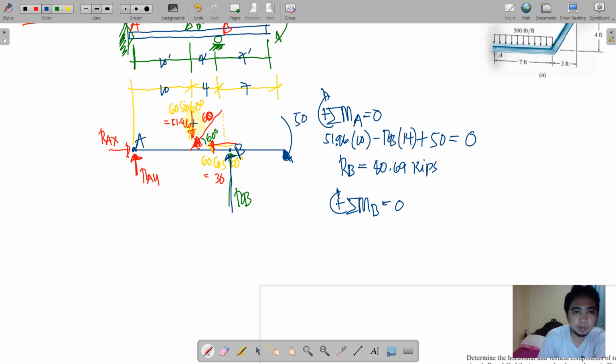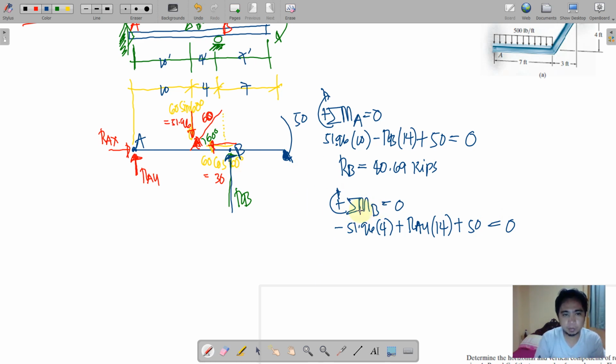So, ito yung 51.96 will have a counterclockwise moment or rotation that is negative. 51.96 times the distance is 4 from B. And then RAY will be having what? A clockwise rotation, so that is positive. Okay. And from A to B, that is 14. Moment arm here is 14, and then we again plus that 50 is equal to 0.